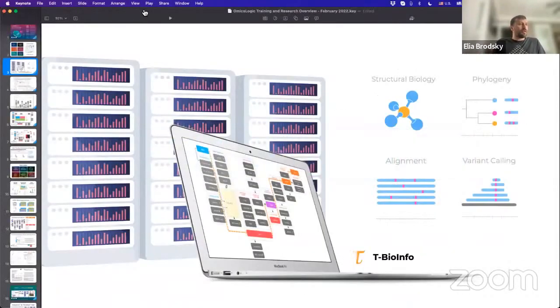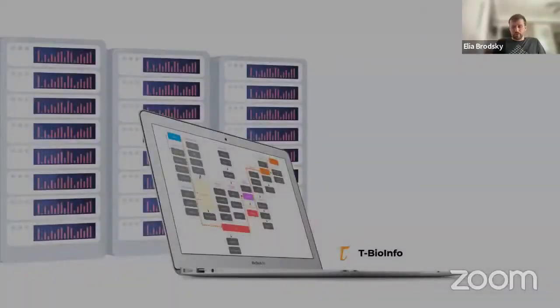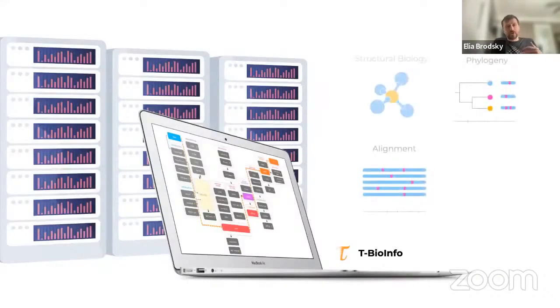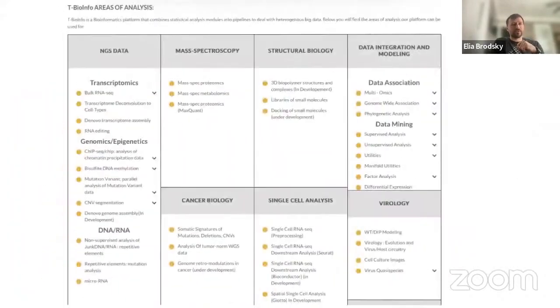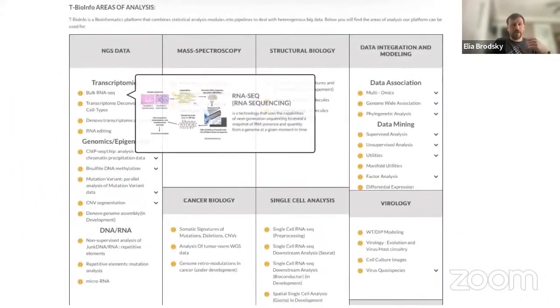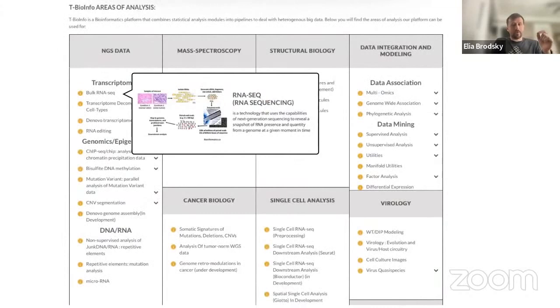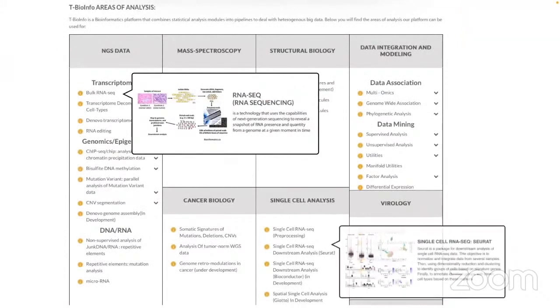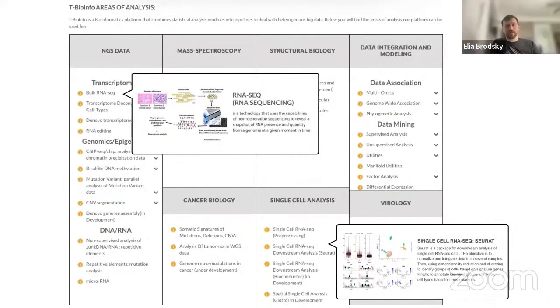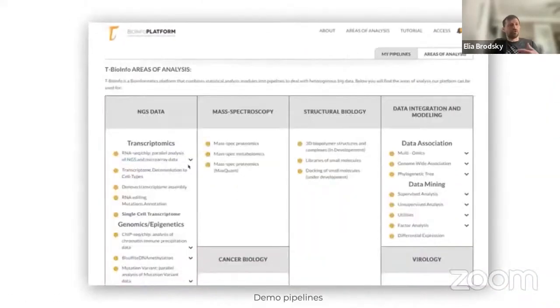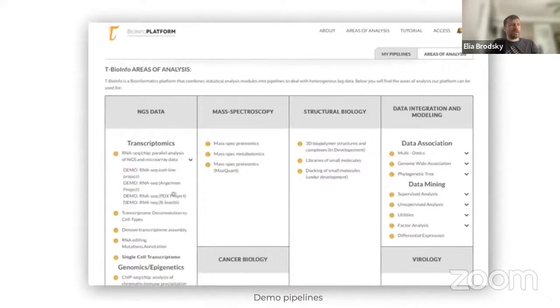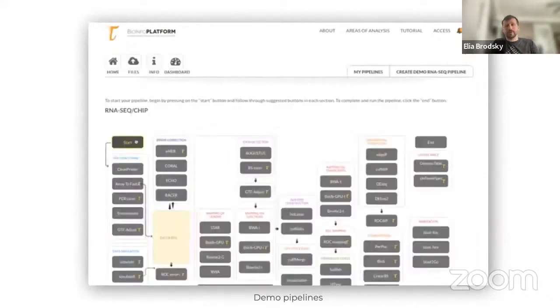But the platform is really built to facilitate a streamlined research process organized around these different types of omics data, where in each type of omics data, you would get the output that is already structured and prepared for downstream analysis, so that later on, you can use it to visualize, analyze, and integrate some of the data sets.